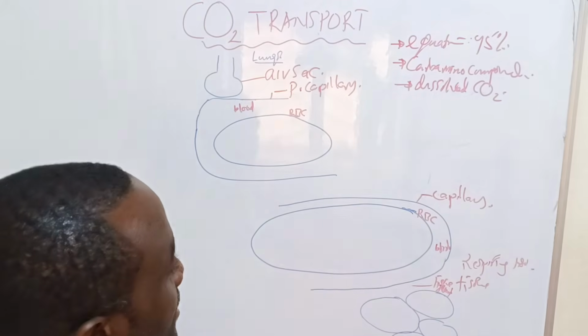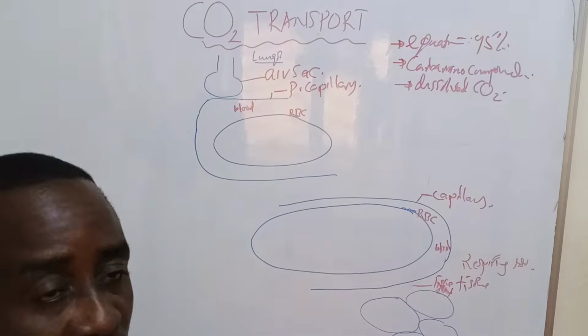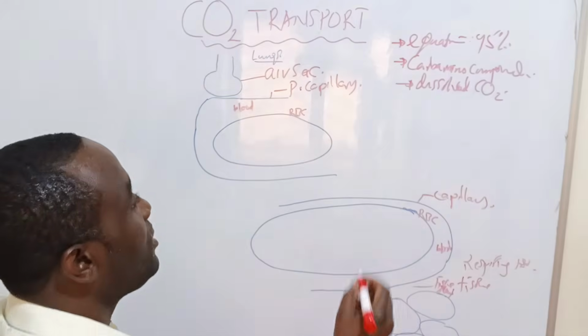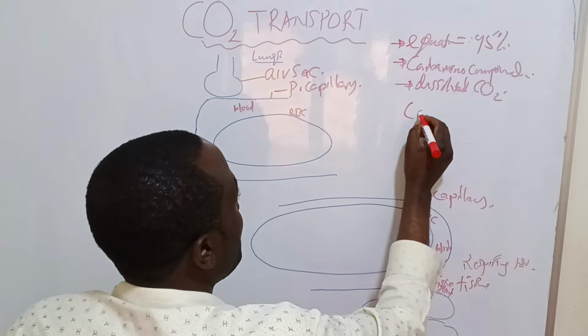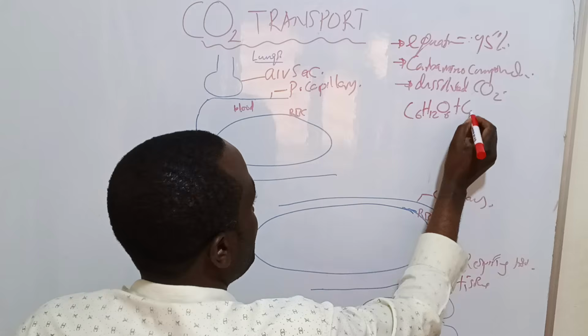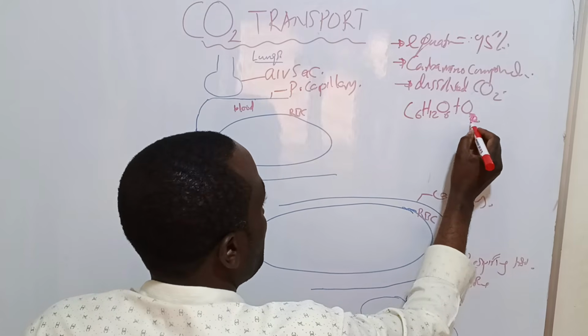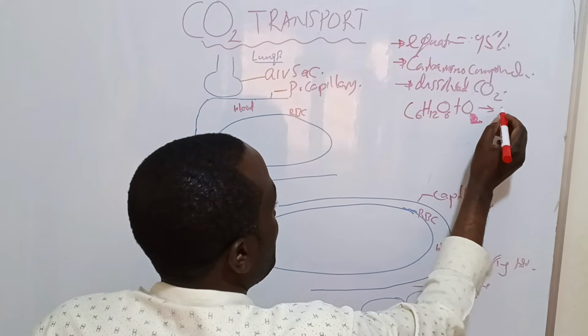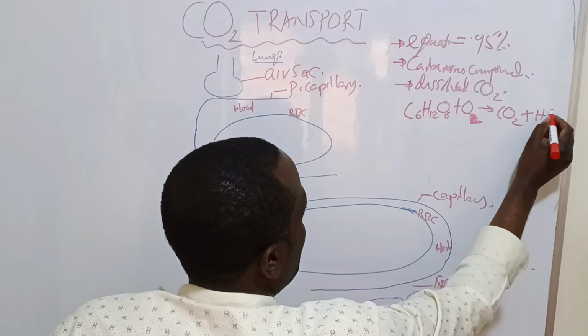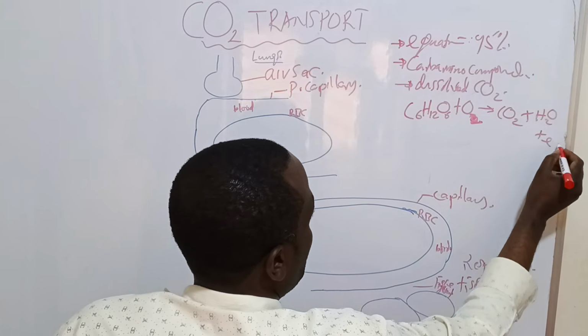Now, what happens is, during respiration, there is a simple equation we know, whereby food such as glucose is oxidized, if we consider aerobic respiration, to form carbon dioxide plus metabolic water, plus energy.